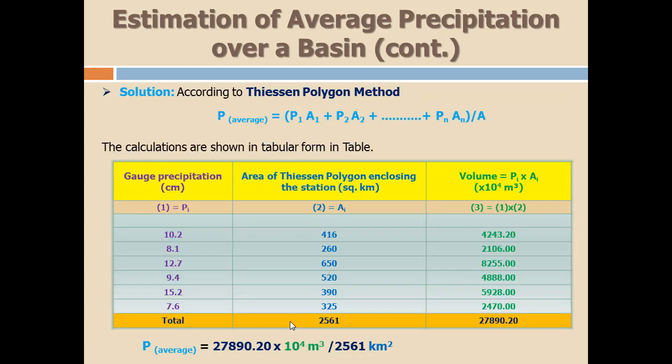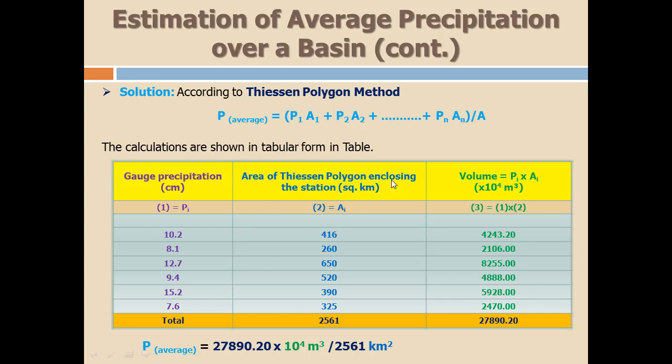So according to the Thiessen Polygon method, P average is equal to P1 A1 plus P2 A2 plus so on up to Pn An, summation of Pi into Ai divided by total A. So the calculations are shown in tabular form. Here the gauge precipitation values are in column 1, which are represented by Pi, and these are in centimeter: 10.2, 8.1, 12.7, 9.4, 15.2 and 7.6 centimeter.